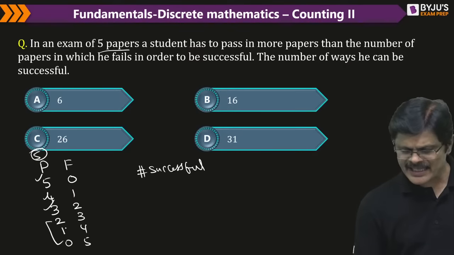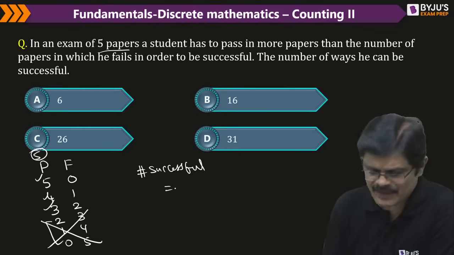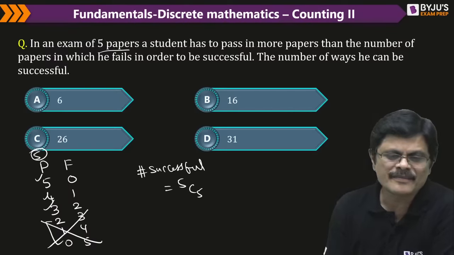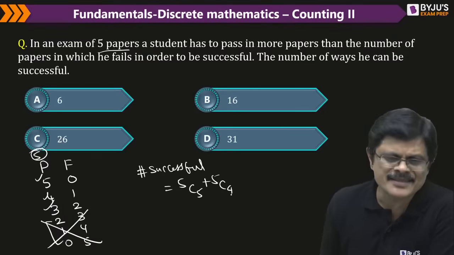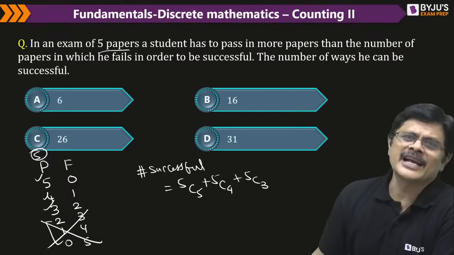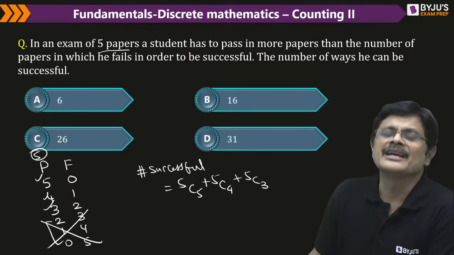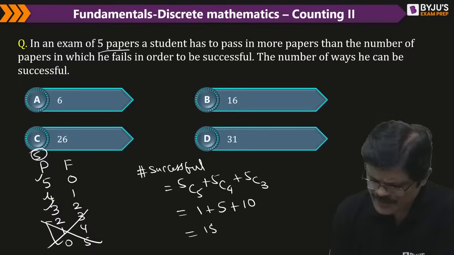But in these other cases, he is not successful. So out of 5, you have to select 5 papers where he passes, or select 4 papers where he passes, or select 3 papers. Selecting either 5, either 4, or either 3, then he will be successful. 5C5 is 1, 5C4 is 5, 5C3 is 10. So the answer is 16.